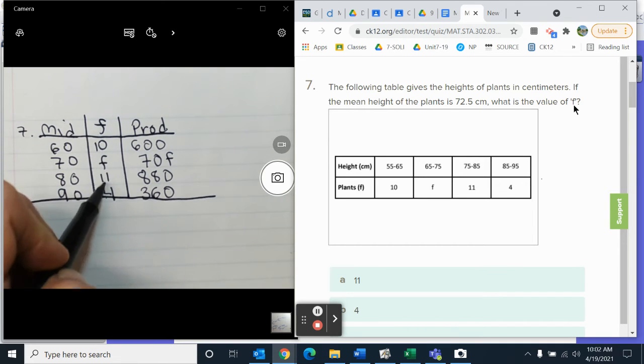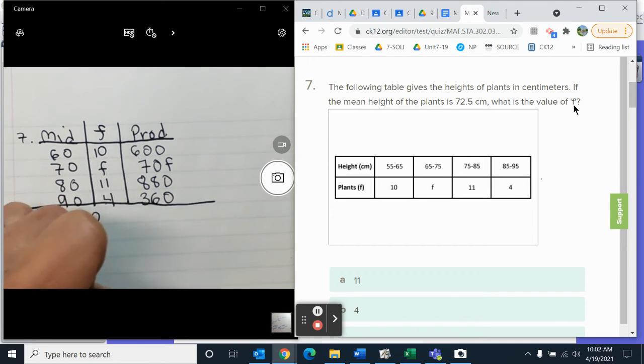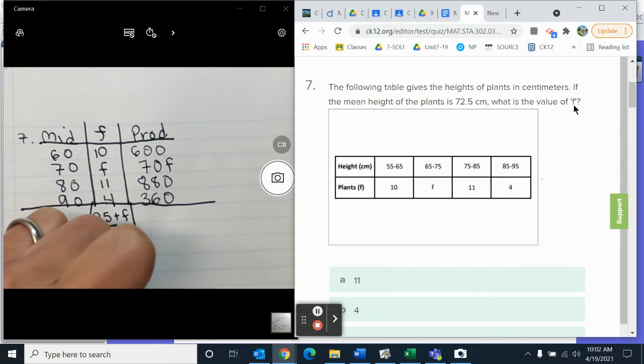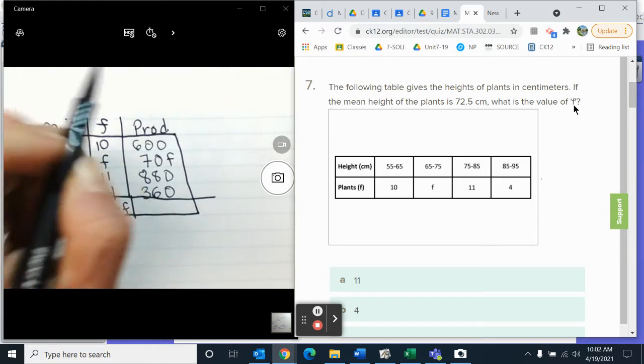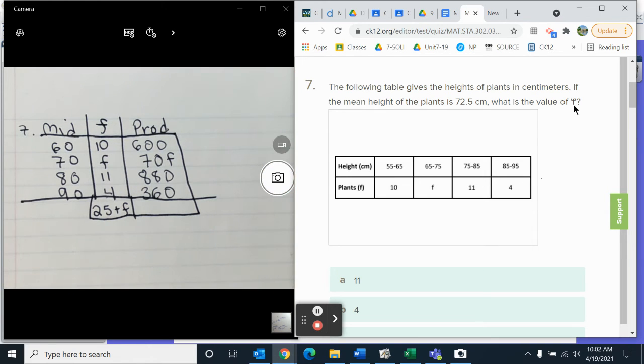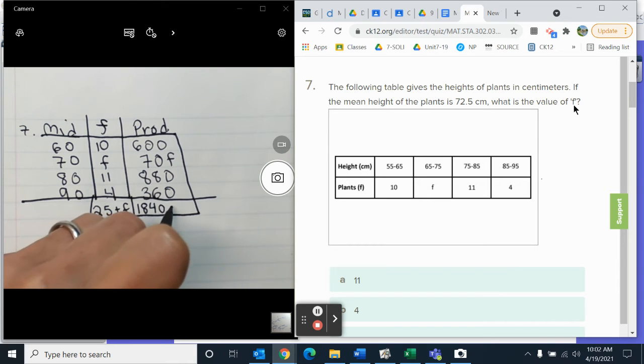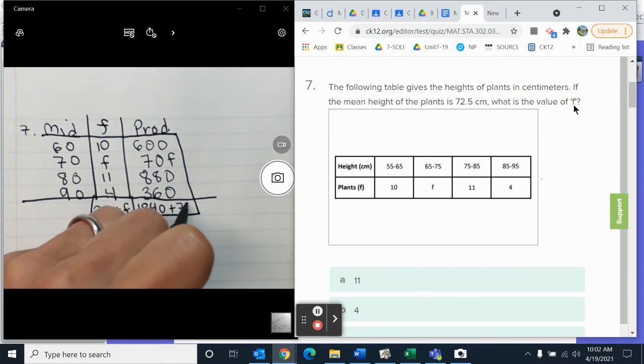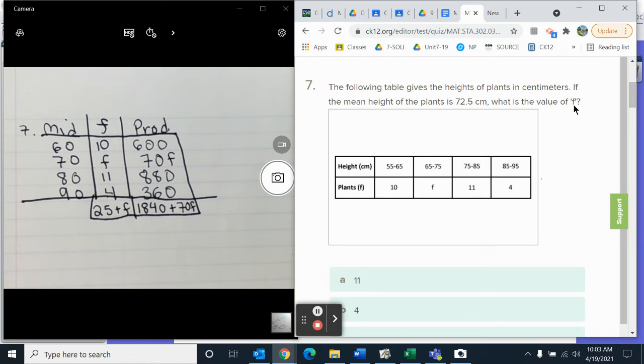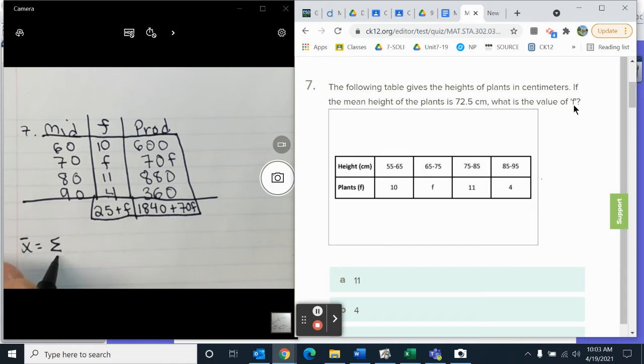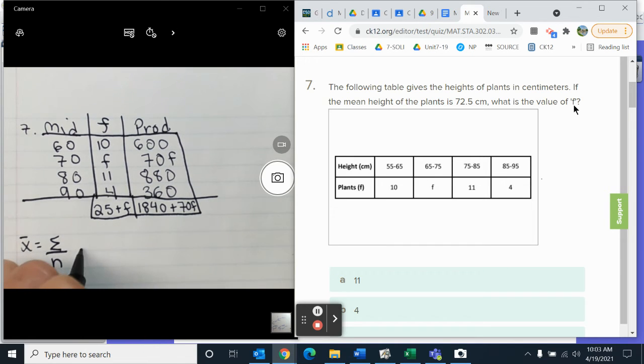Adding these all up, we get 25 plus F as the total number of frequencies, but our product would be 1,840 plus 70 F. And again, our mean is the sum divided by the number we have.